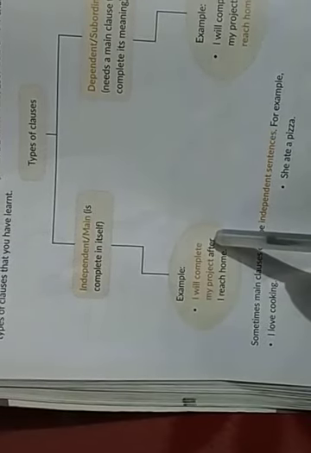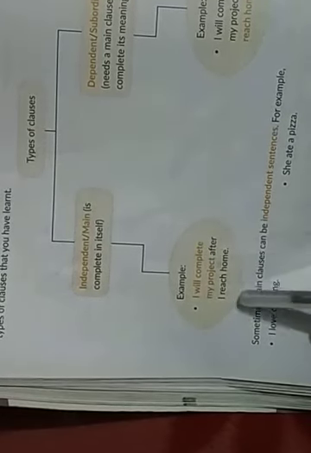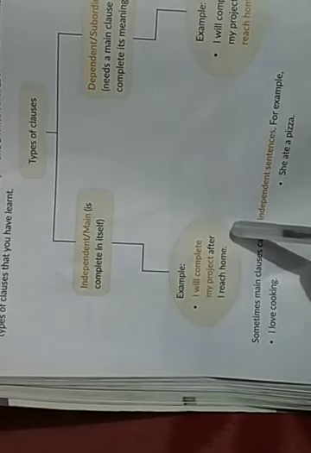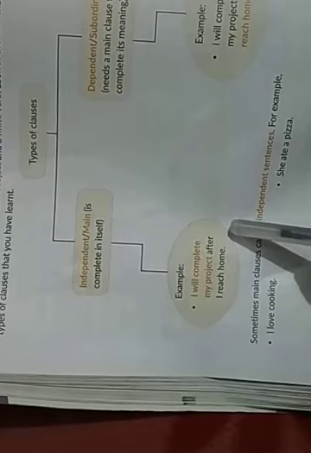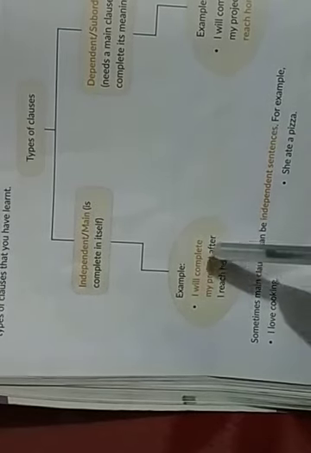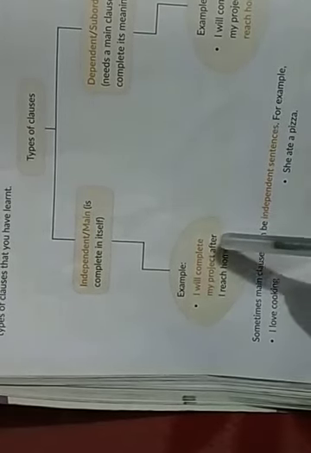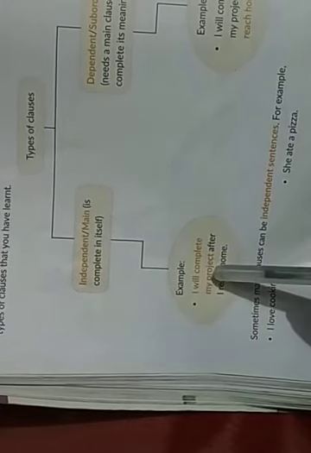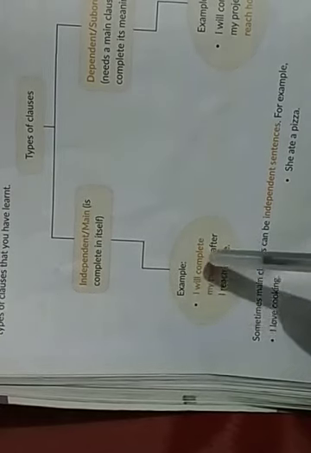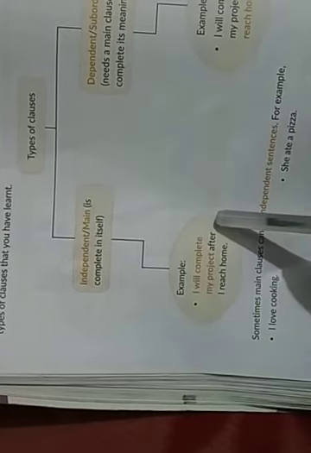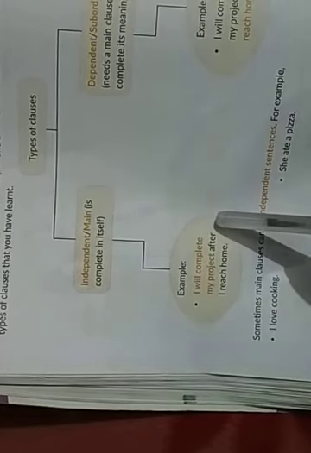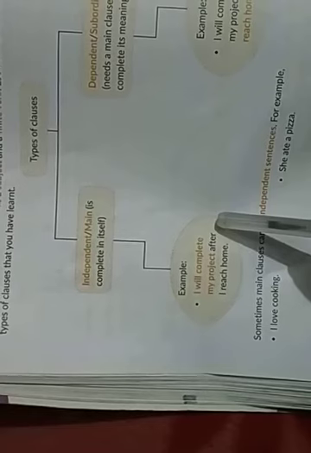But the other part of the sentence, that is after I reach home. Now after I reach home, this is not giving you the complete meaning. This part of the sentence, after I reach home, is dependent on the main clause, I will complete my project, for the completion of its meaning. If you only say after I reach home, the meaning is incomplete.